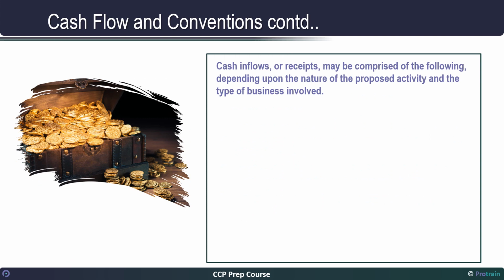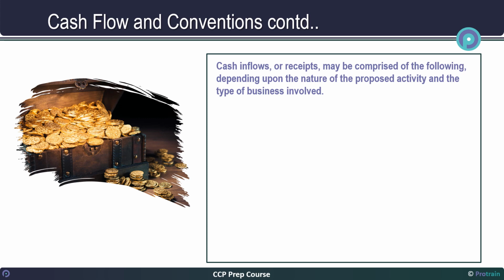Cash inflows, or receipts, may comprise of the following, depending upon the nature of the proposed activity, and the type of business involved. In the simplest term, cash inflow are the money which comes to your pocket.